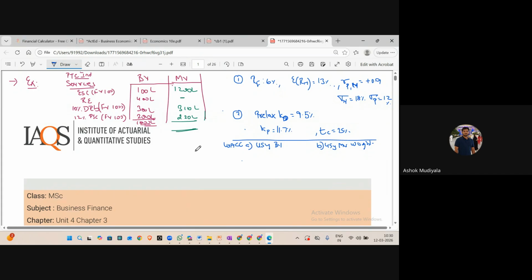So in the second one, TC is 25%. Yes, the tax rate is 25%. It will be helpful to convert the pre-tax into post-tax.